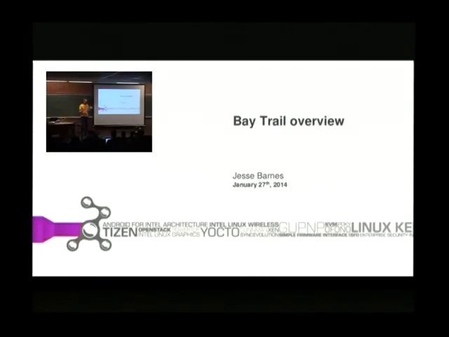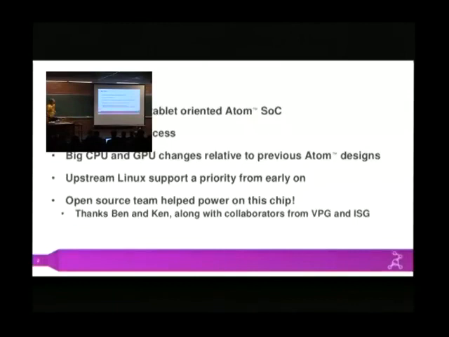Some of this may not be totally new to you, especially if you've been reviewing what came out of IDF a couple of months ago on BayTrail. But this is something I'm really excited about because it's a new SoC for us in a couple of ways. It's got a new CPU, a redesigned Atom CPU, and a new GPU relative to our previous SoC products.